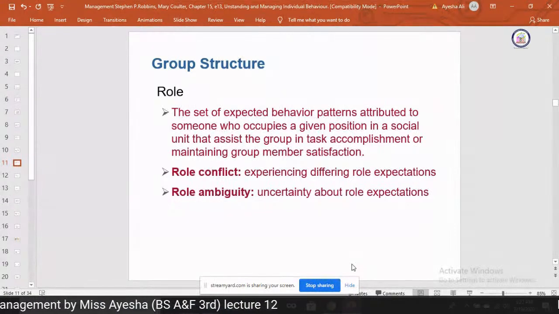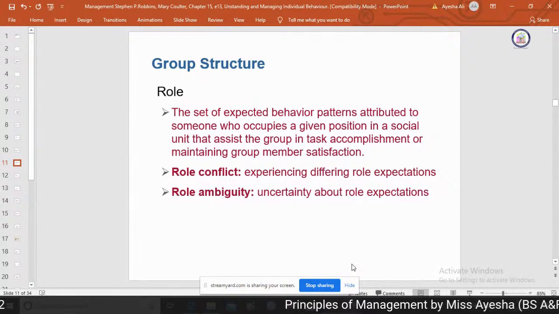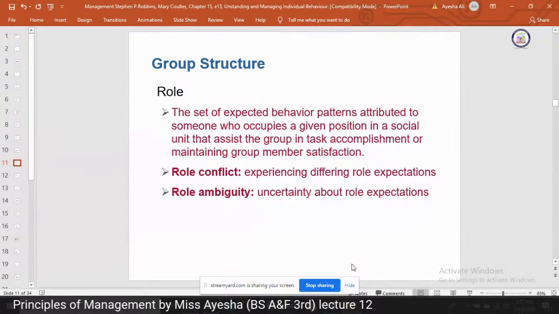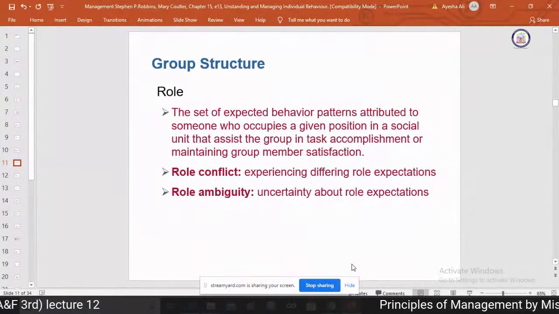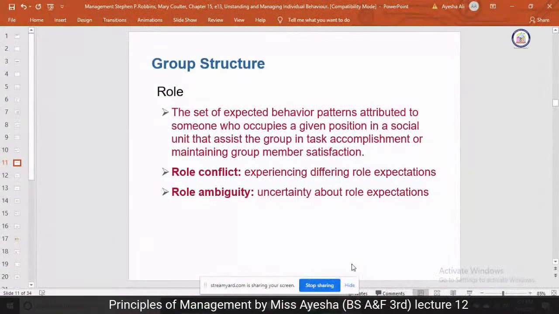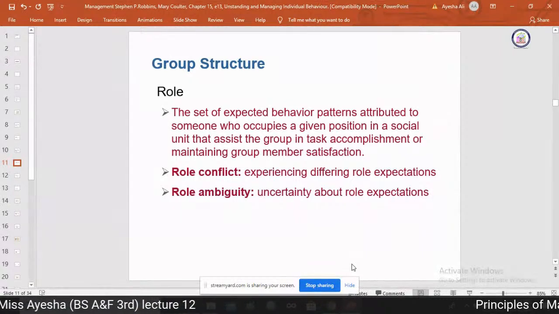If someone is a principal, he or she has to run the organization in a way that at any level, if anyone faces a problem, it's his or her responsibility to resolve it. So this is the expected behavior pattern after allotting the position to an individual.